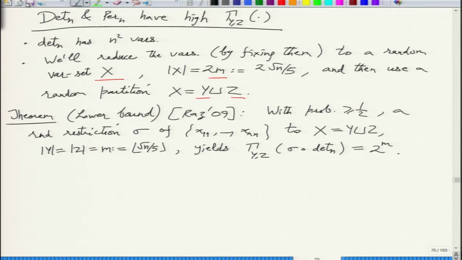This measure will be exactly 2 raised to m.